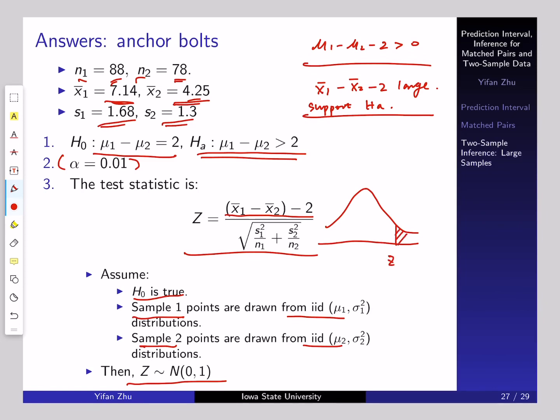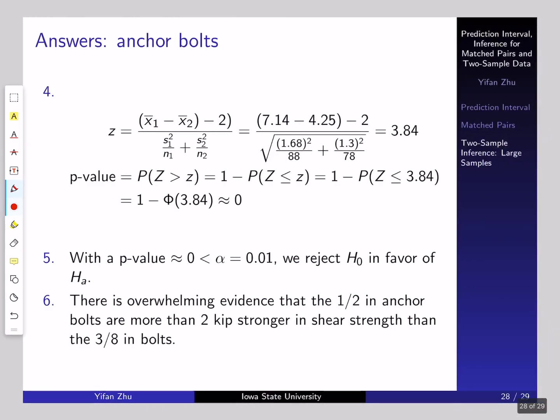So the more extreme value of test statistic than the observed value means that we should have a larger test statistic than the observed one. So it is probably to the right of the observed test statistic. And the observed test statistic is 3.84.